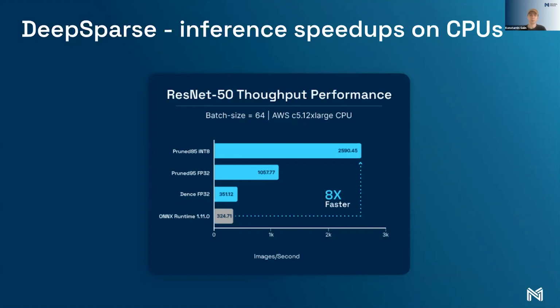This is an example of ResNet 50, and you can see that if we prune a model as far as we can while maintaining 99% accuracy, and also quantize it at the end, we can get this kind of speed up improvement when running through the DeepSparse engine, which again takes advantage of that unstructured sparsity.